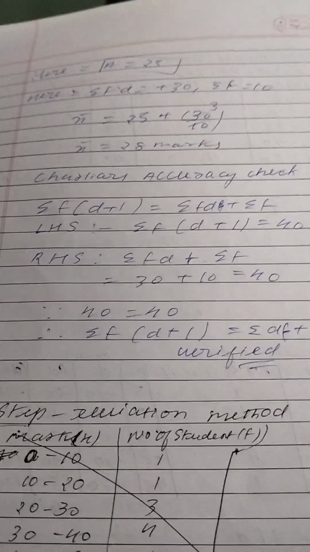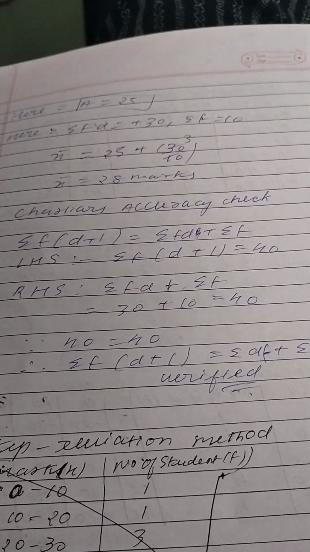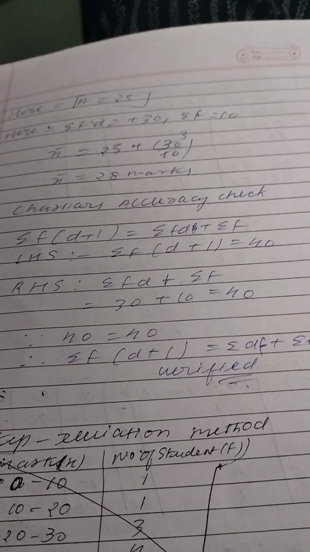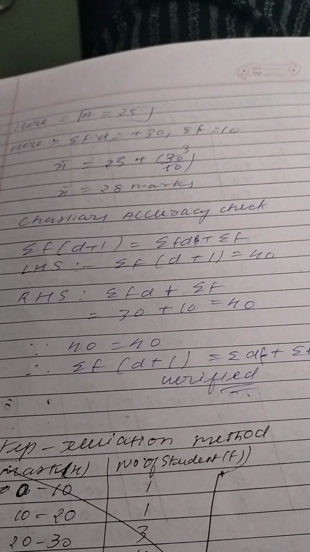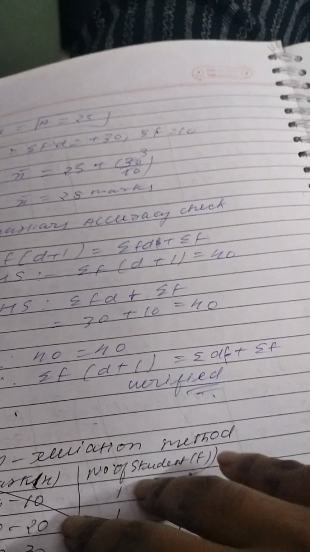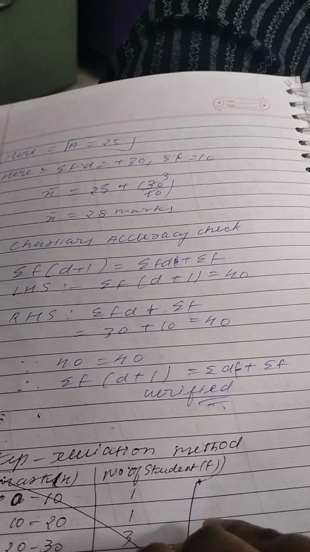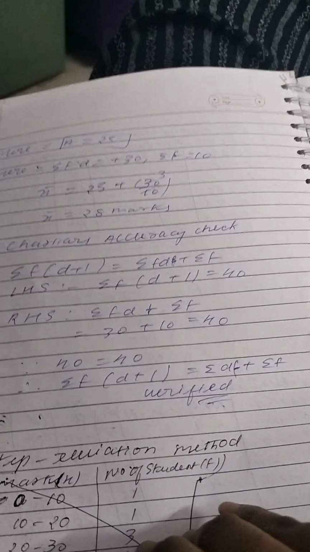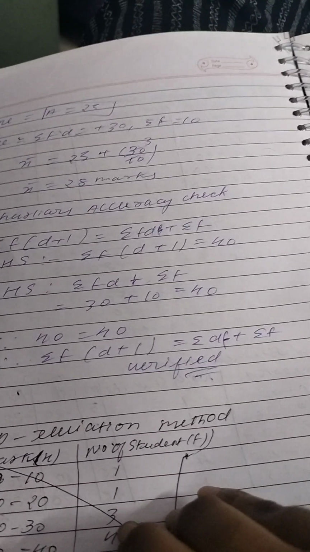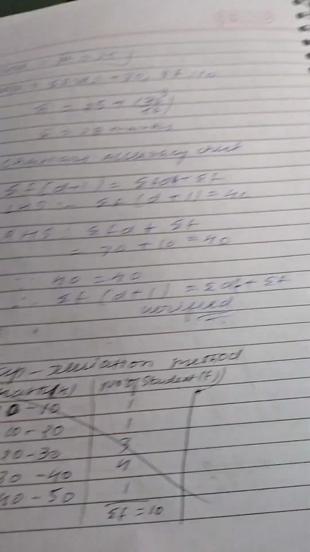You can also check by the Charlier accuracy test, where you have to put summation f, and what you get is 40, which is of course 30 plus 10, and which is 40. So the formula is verified.